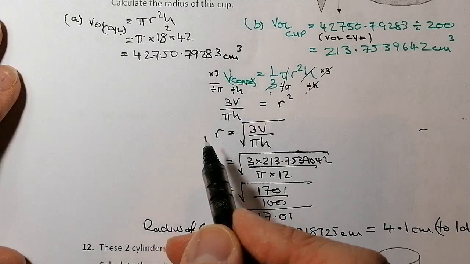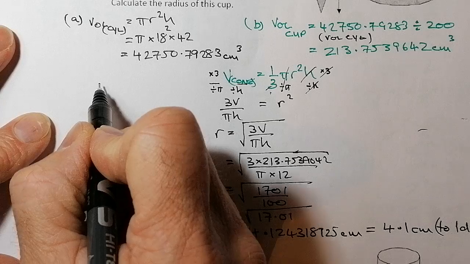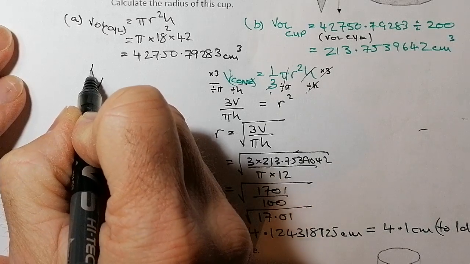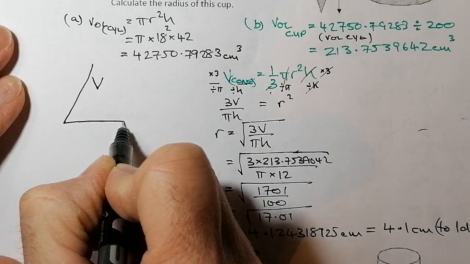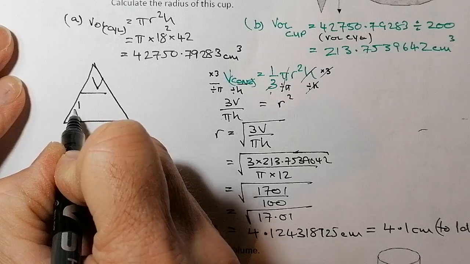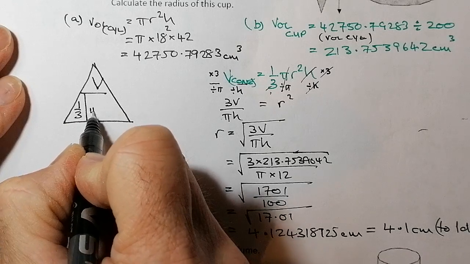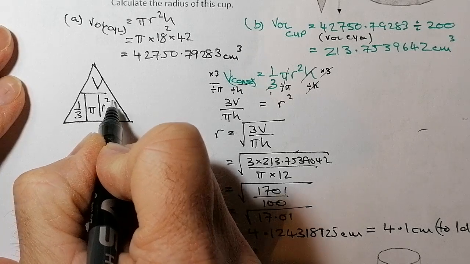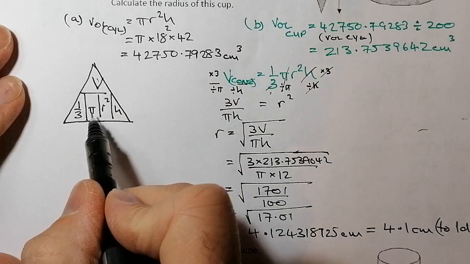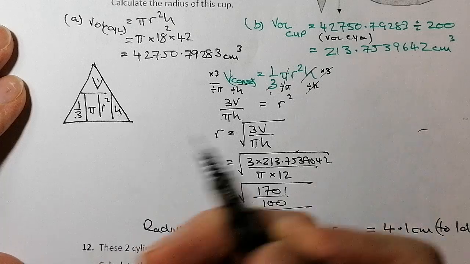So we know that for the cone, I know the volume. If I think of speed, distance and time, the way that that's set up, it's set up in a kind of triangle, isn't it? So if I think about the volume of a cone being a third times pi times r squared times h. So volume equals a third times pi times r squared times h.